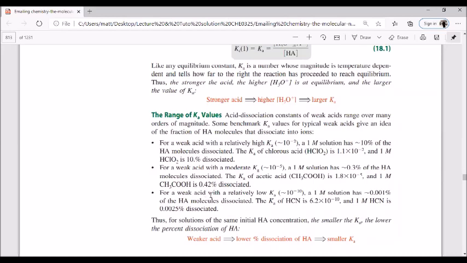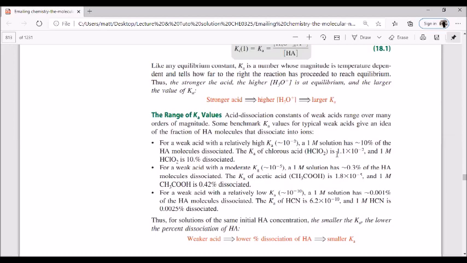For a weak acid with relatively low Ka, this is around 10 negative 10. For a 1 molar solution, only a tiny fraction of the HA molecules are dissociated. For example, the Ka value for HCN is 6.2 times 10 negative 10, so 1 molar is around 0.025% dissociated.